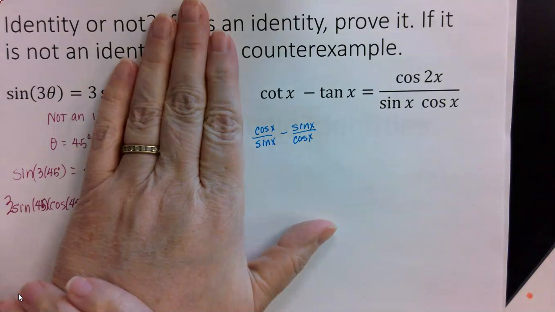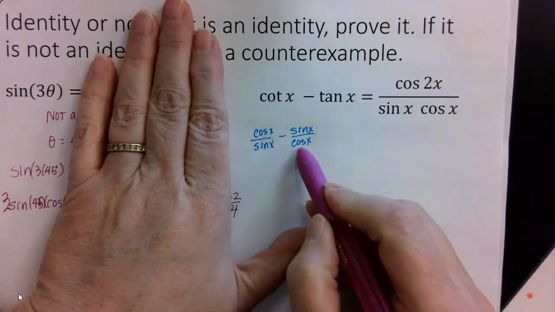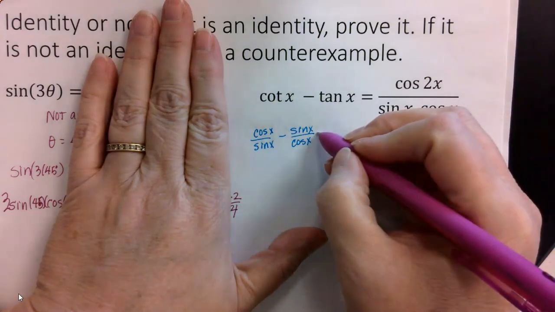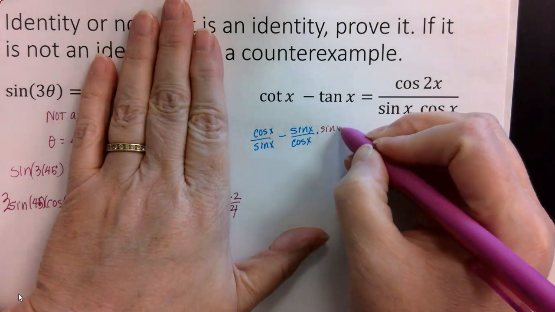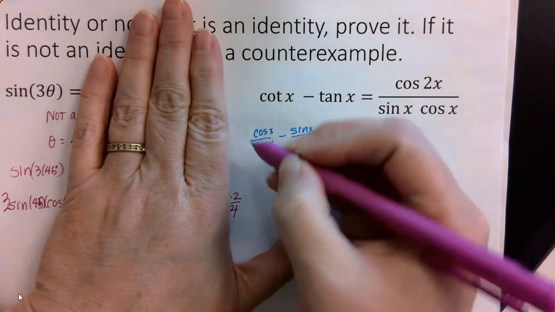And what I see here is that I have two fractions that are being subtracted. In order to subtract fractions, I have to have a common denominator. My common denominator could be sine x times cosine x. So I need to multiply this by sine x, and I multiply this by cosine x.